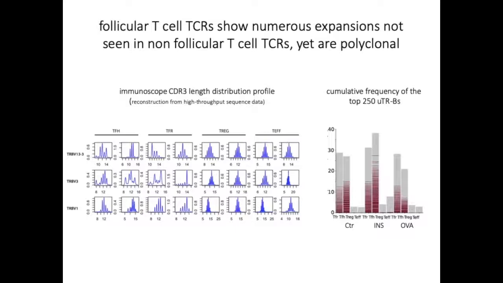And this is really in marked contrast to what you see looking at the Treg and the Tf profile. So there is some kind of expansion, and you can see this in a different way, as represented here. For example, when you look at the top 250 unique TCR beta, and you represent how much of the repertoire is their cumulative frequency, you can see that there are clearly expansions in Tfr and Tfh, about the same type of expansion, compared to Treg and Tf, for which you hardly see an expansion.